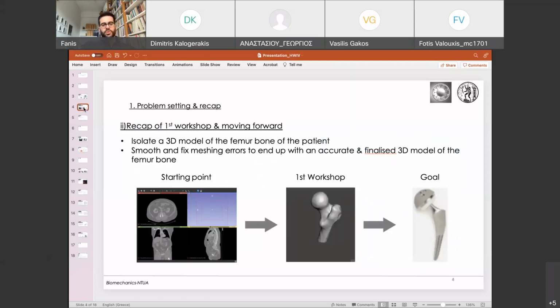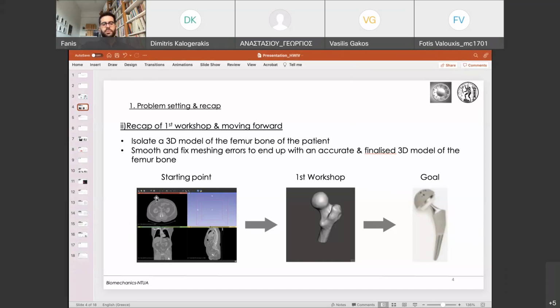So in the previous workshop, we got a 3D CT scan from a patient where we were able to isolate the cross sections which included the bone. We were able to distinguish the bone from the muscle tissue and the veins and all the associated stuff.